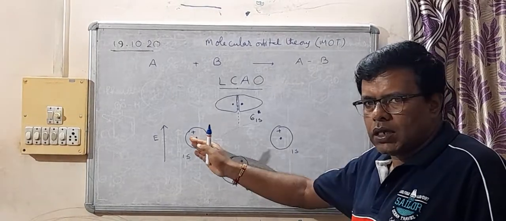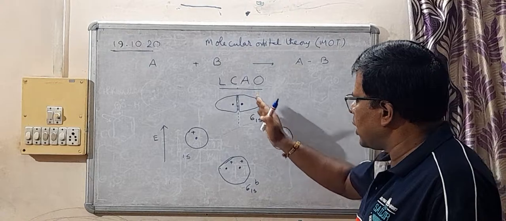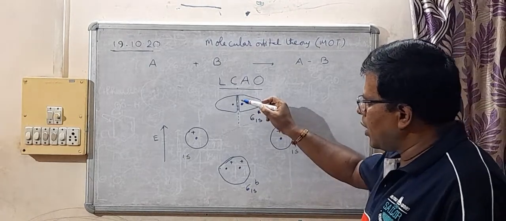So 1s and 1s combine to form sigma 1s bonding and sigma 1s anti-bonding. This one has higher energy than this one.